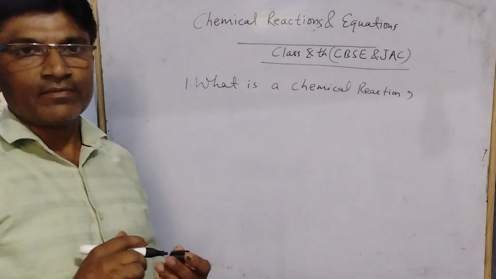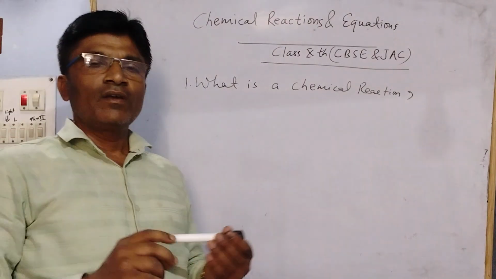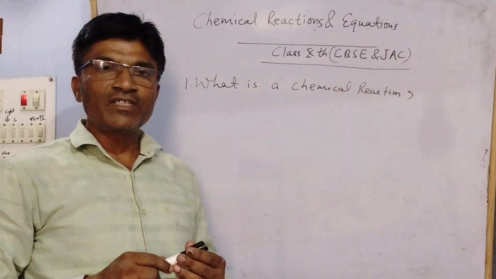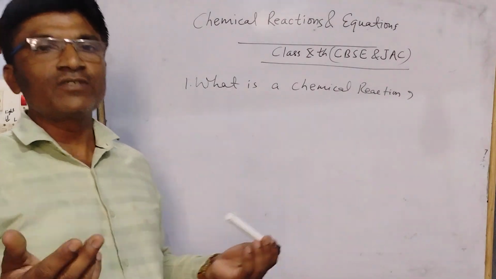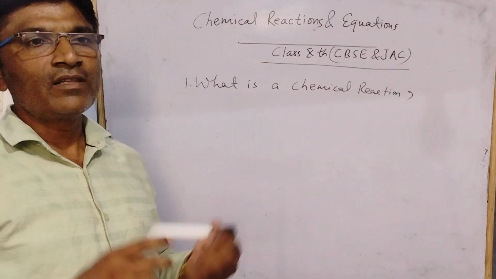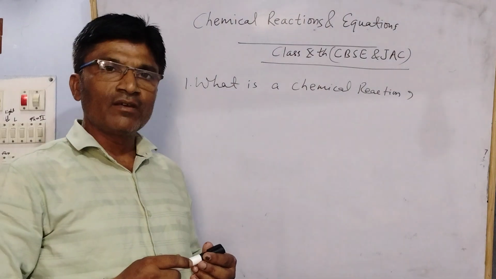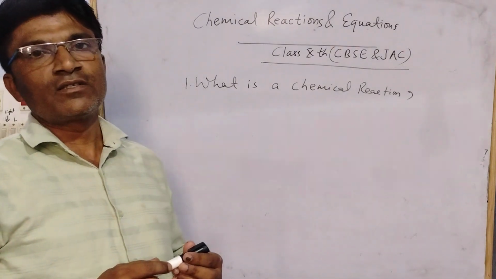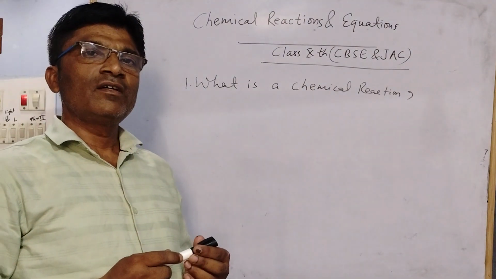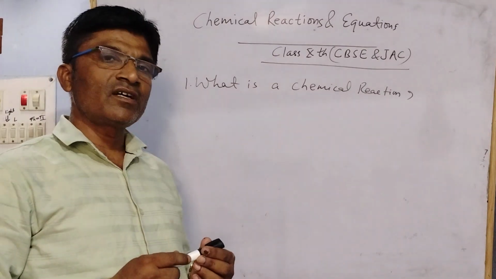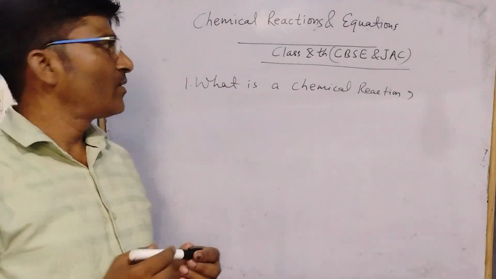A chemical reaction means a kind of reaction in which a new substance is formed, and the property of the new substance is very different from the constituent substances from which the new substance is made up of.